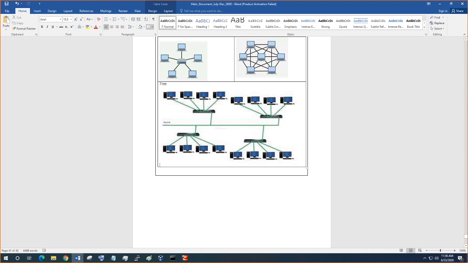So you have a network here, and each router you add becomes a subnet.